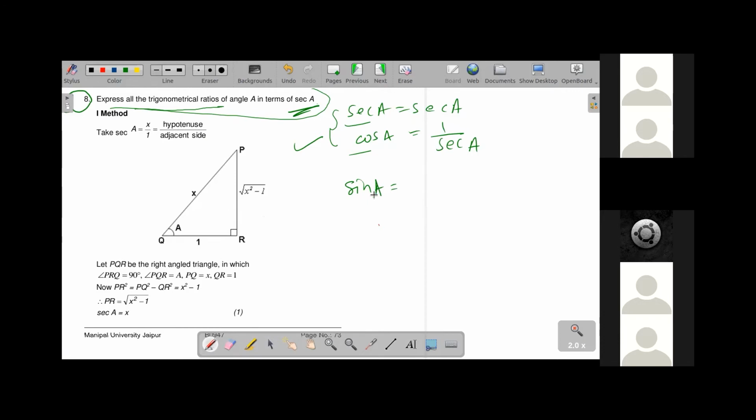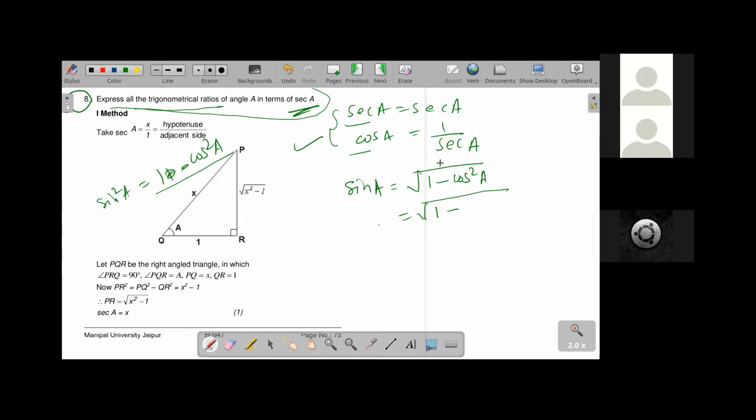So we can write sine A is equal to square root of 1 minus cos square A. Is it correct? Because we know sine square A is equal to 1 minus cos square A. Just now we have read the formula, right? Now cos has a relation with sec, so instead of cos we can write 1 by sec square.